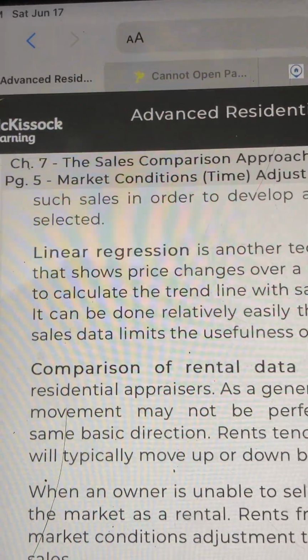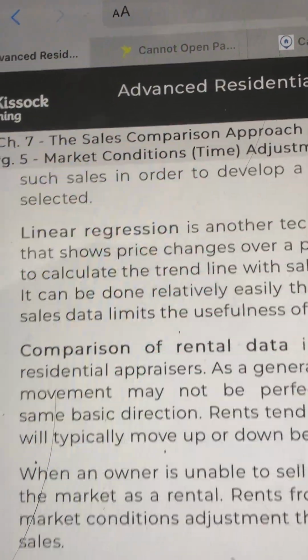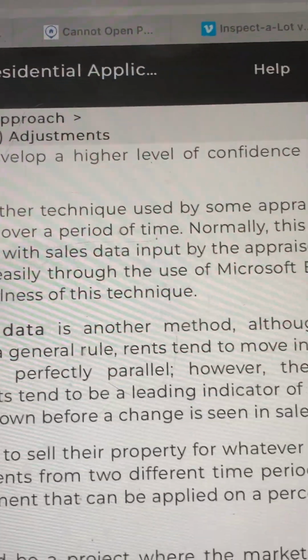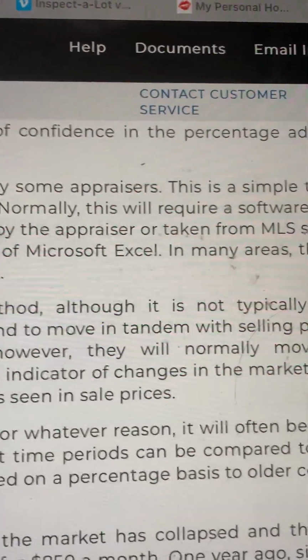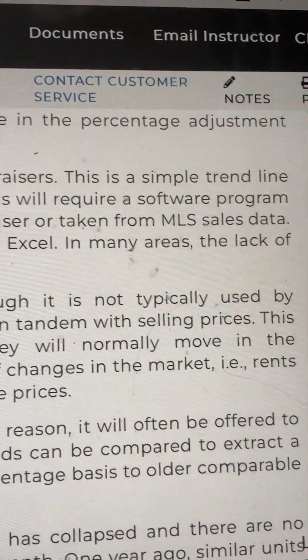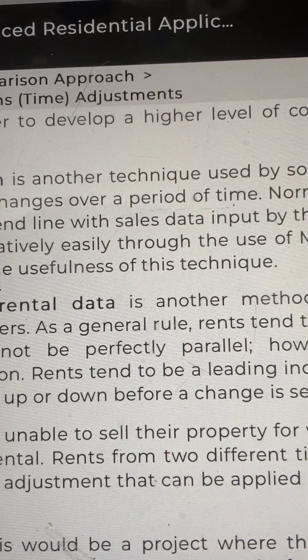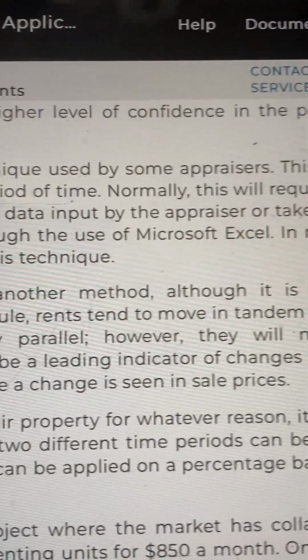Linear regression, that's highlighted, is another technique used by some appraisers. This is a simple trend line that shows price changes over a period of time.